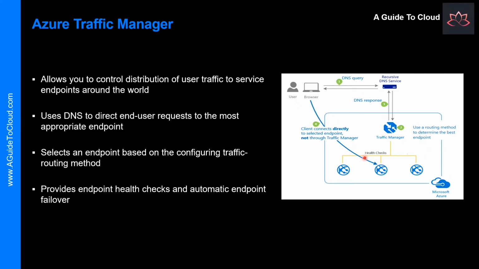You can also use Traffic Manager with external non-Azure endpoints. Traffic Manager selects an endpoint based on the configured traffic routing method, and it supports a range of routing methods to suit different application needs. Once the endpoint is selected, clients connect directly to the appropriate service endpoint.